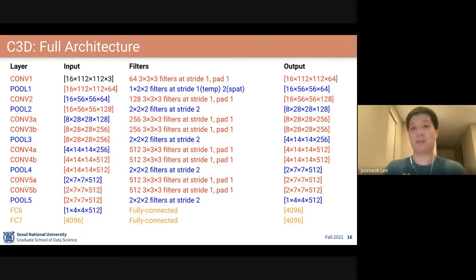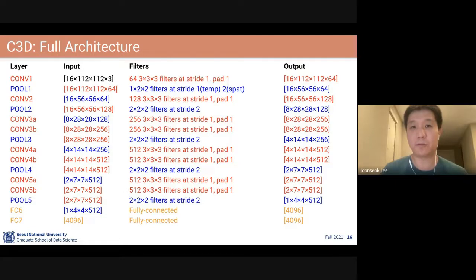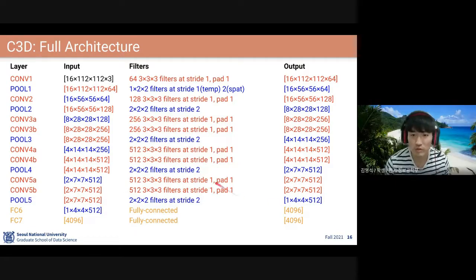Okay? So, Young-Suk, do you have any question? Yes, Professor, can you hear me? Yeah. In this slide, I think the filter has 4 dimensions, isn't it? Filter has 4 dimensions. Yeah, because you consider multiple channels.